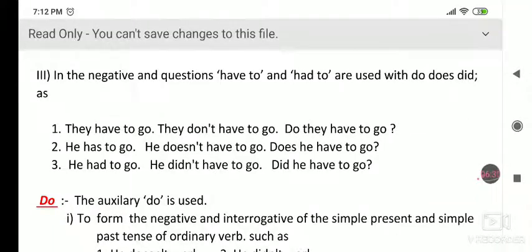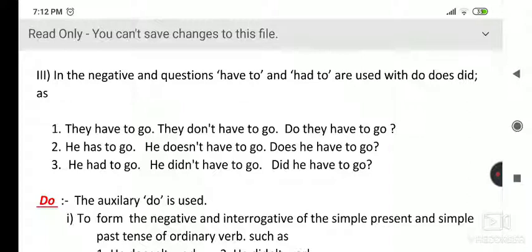He had to go. It also uses have to in the negative form. And while making an interrogative, it also uses have to. Did he have to go?